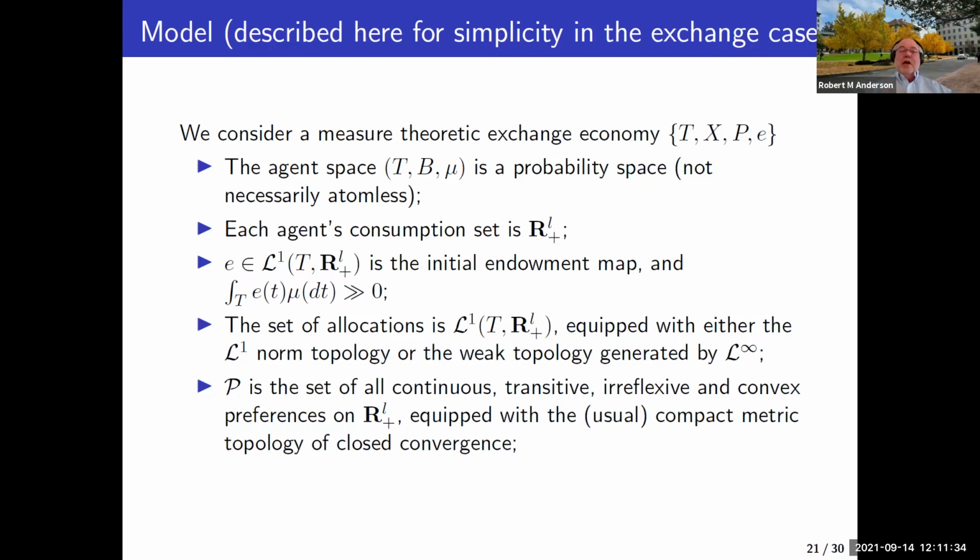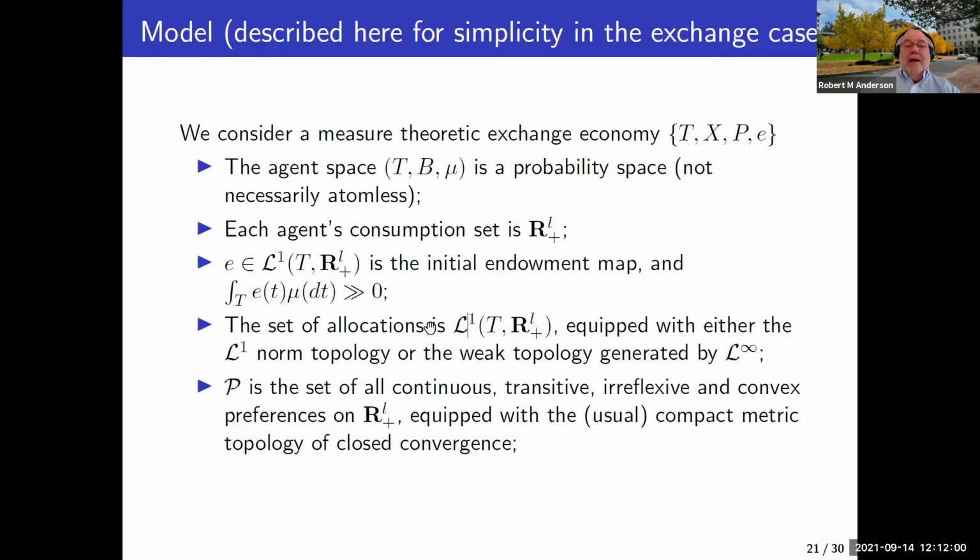We have an initial endowment map, which is a measurable function from the names of agents into their endowments, and it's integrable, and the initial endowment of the whole economy is strictly positive. So there's a positive amount of every good that people want to consume.